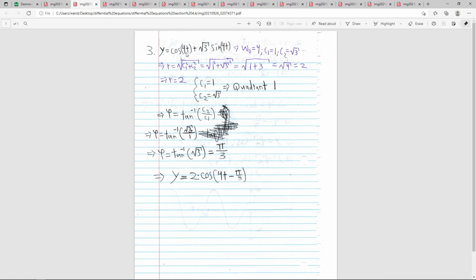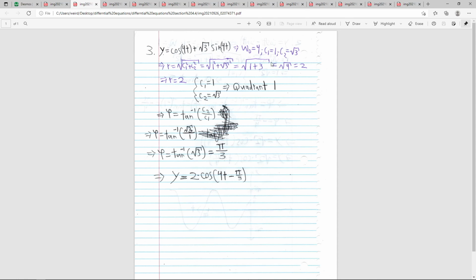Here we have cosine of 4t plus square root of 3 sine of 4t. Basically, you're just doing the same process several times. So 4 is omega naught, c1 equals 1, c2 equals square root of 3. Both positive, so it's quadrant 1.